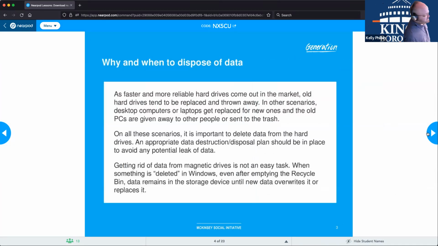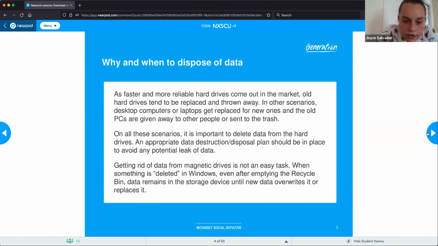Joyce, can you read for us, please? Why and when to dispose of data. As faster and more reliable hard drives come out in the market, old hard drives tend to be replaced and thrown away. In other scenarios, desktop computers or laptops get replaced for new ones, and the old PCs are given away to other people or sent to the trash.